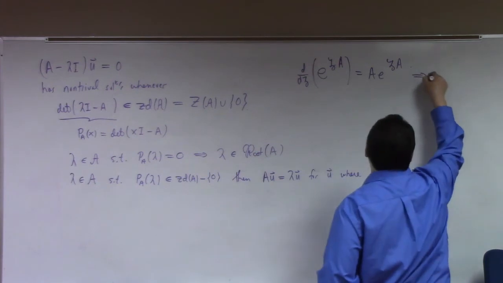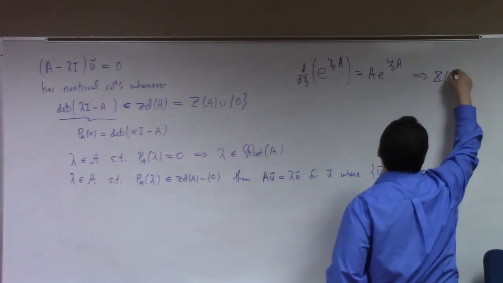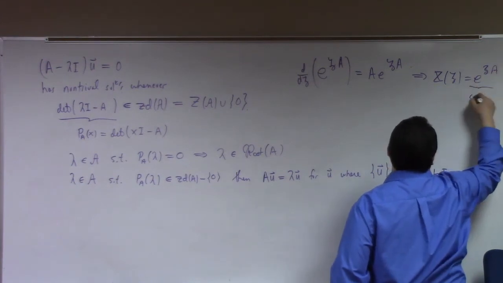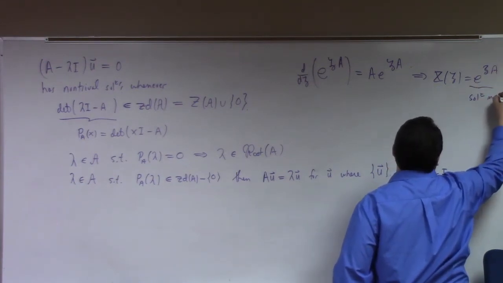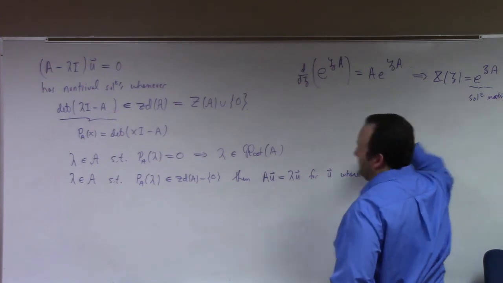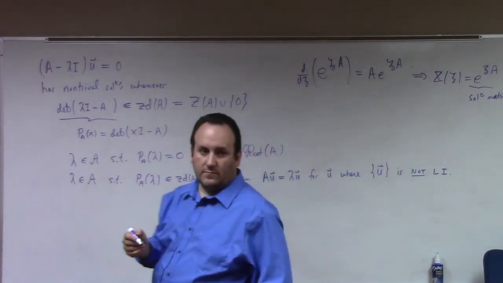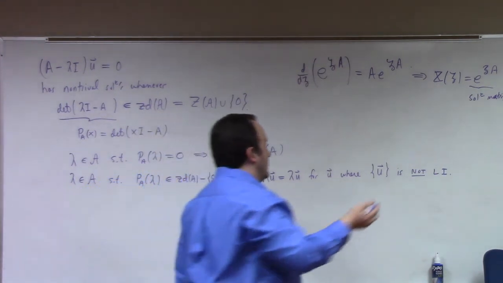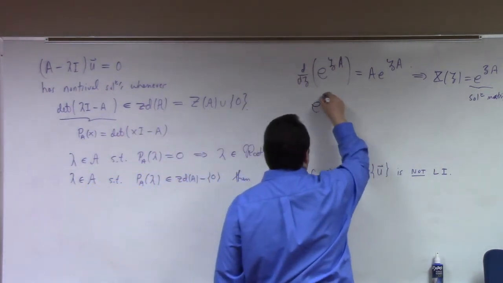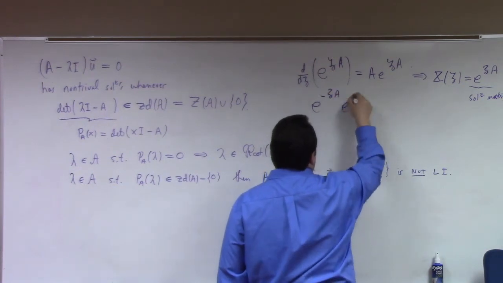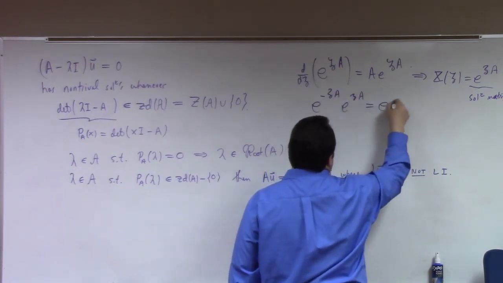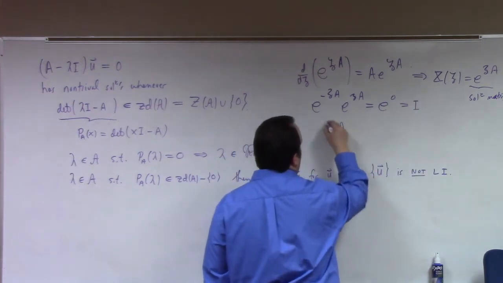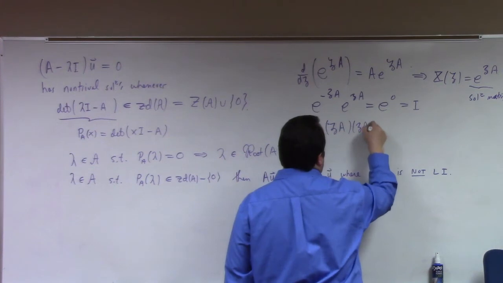Which implies that if we think of X of z as e to the ZA, that this is a solution matrix. It's a solution matrix, and more than that, it's invertible because the usual calculation still makes sense. We can still say e to the minus ZA times e to the ZA is equal to e to the 0, which is equal to I. Because this and this commute.